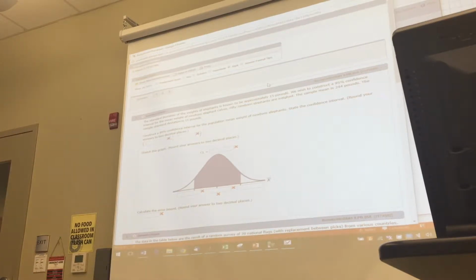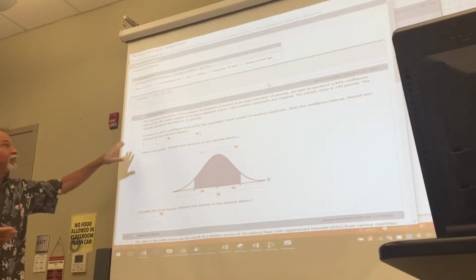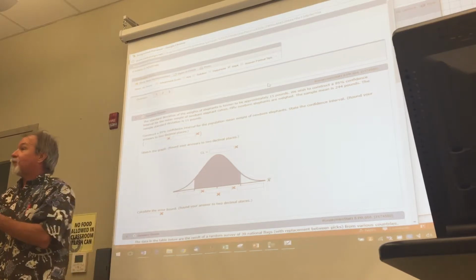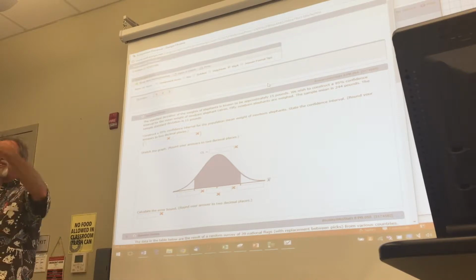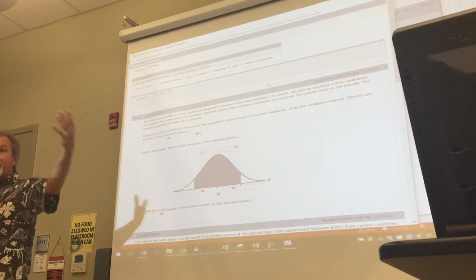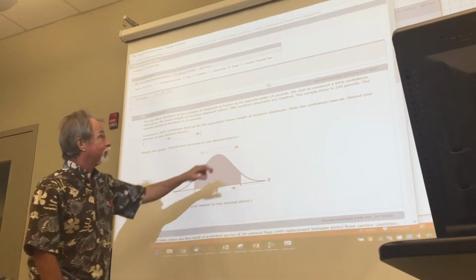A population. See, when they word it like that, they're talking about the standard deviation of elephants, which implies they're talking about the population. It's a plural. Okay? Plural.